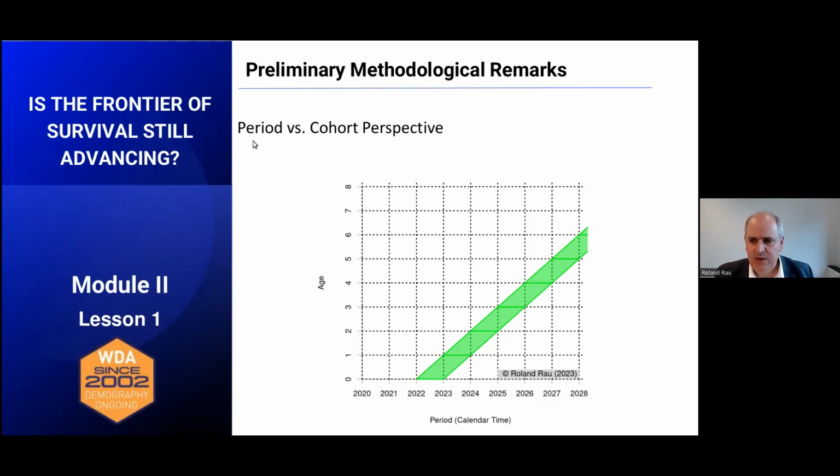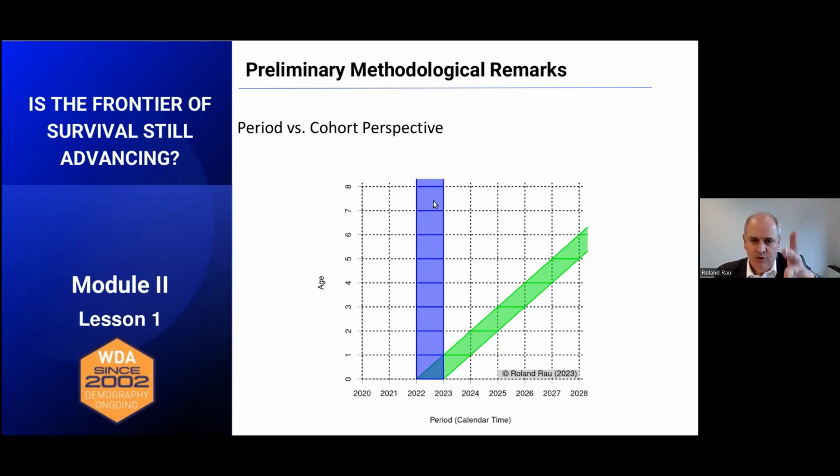What does period life expectancy mean? Period is, in demography, a cross-section at a single year or single years of calendar time. And what we do is we estimate what are the death rates at age 0, what are the death rates at age 1, age 2, and so on and so on.